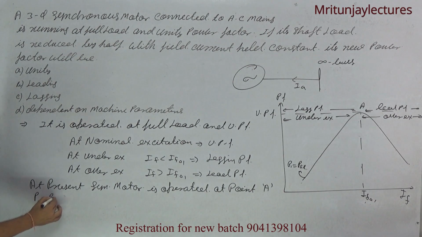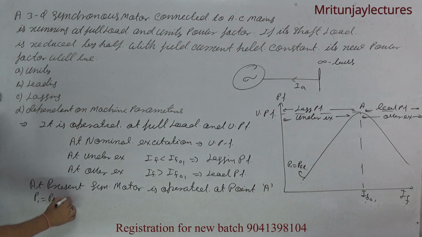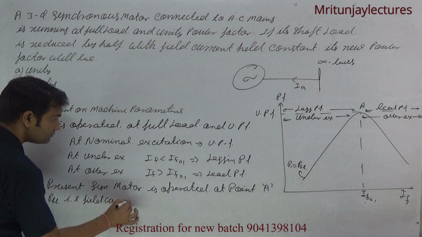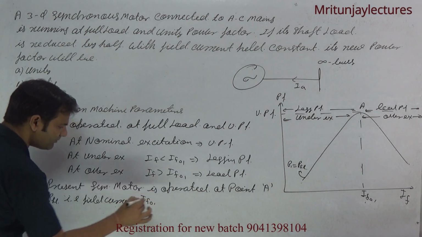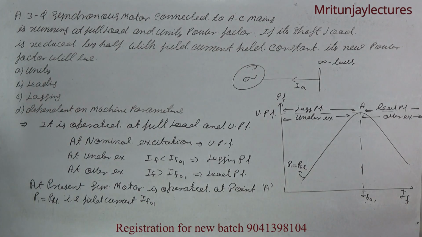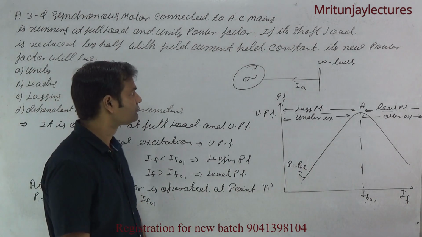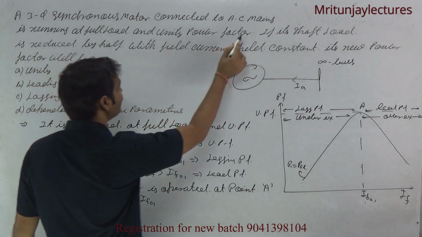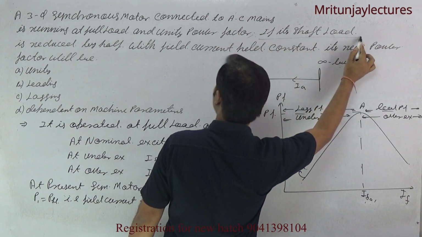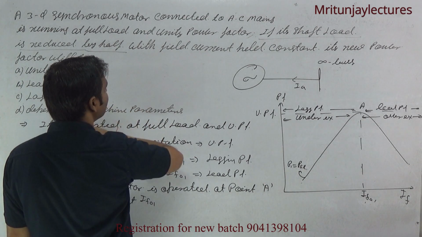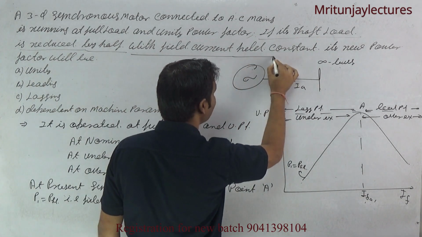P1 will be equal to P full load, corresponding to field current IF01. Okay, now corresponding to the question, if after that its shaft load is reduced by half with field current held constant.